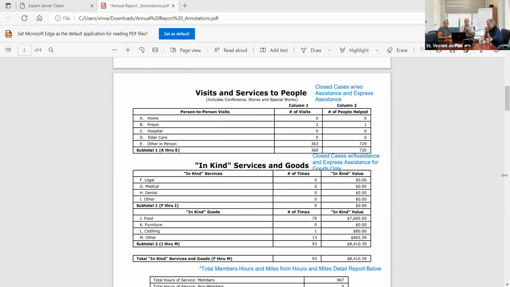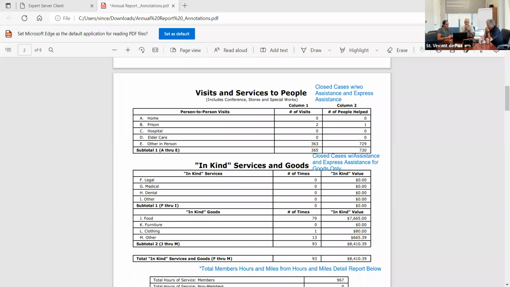It does that calculation, but you have special works programs as well, I'm sure. Christmas program, Thanksgiving program, backpack programs, Easter programs, you name them. CMS doesn't know about that. So you have to enter those in, I would suggest, through Express Assistance.